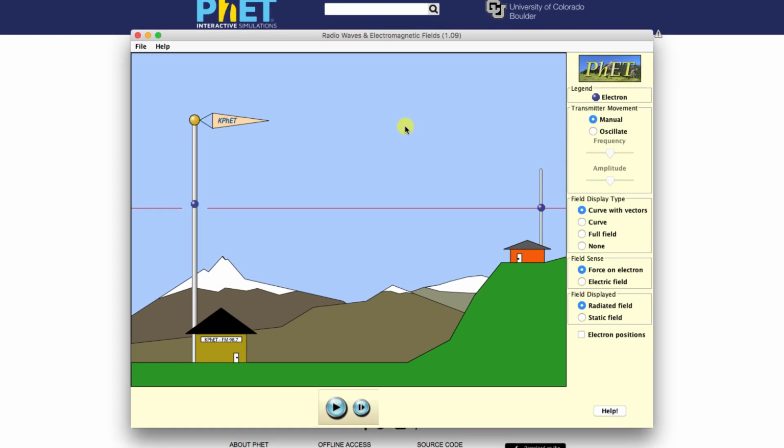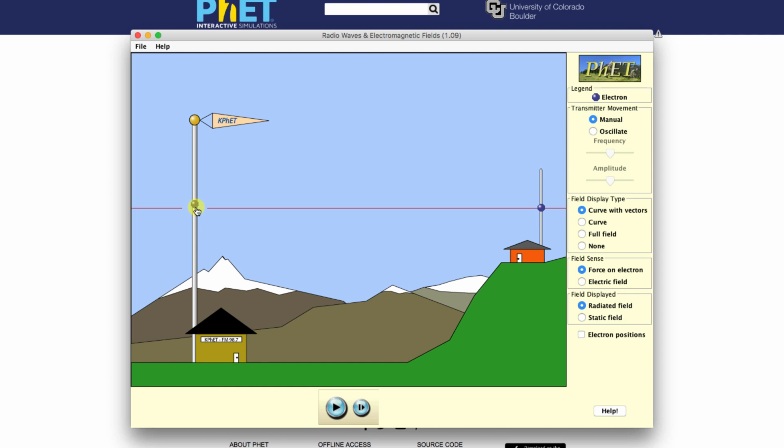What this shows is something like a flagpole. It's more like an antenna, a radio wave antenna. A radio station that broadcasts has an antenna somewhere, so imagine that this is the antenna. In that antenna, like in any piece of metal, there are electrons. To broadcast your radio station, you make those electrons vibrate up and down, up and down.